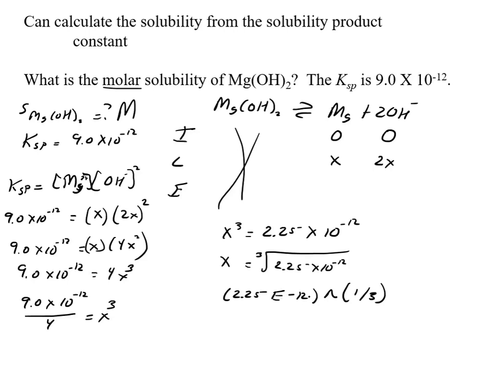Because most of our calculators have square root and squares, but not cube roots. Some do have a way to do cube roots, but this is the way I do it in general. It works on any calculator. So x is 1.31 times 10 to the minus 4th molar. Okay. And since it just wanted the molar concentration, that's all I need there. And so that's going to be the end of this video.